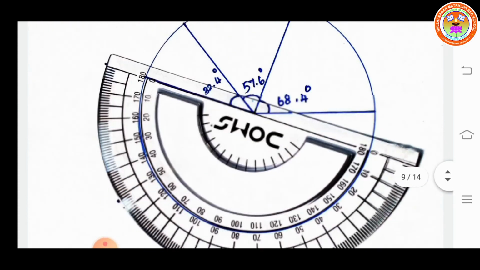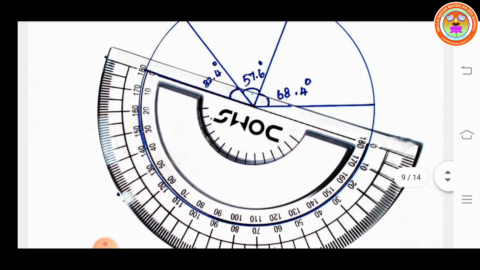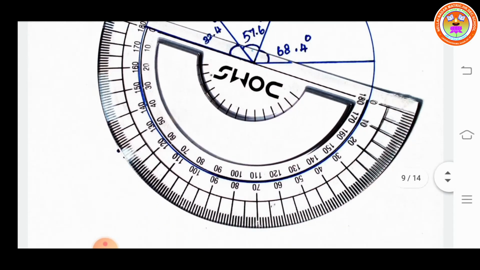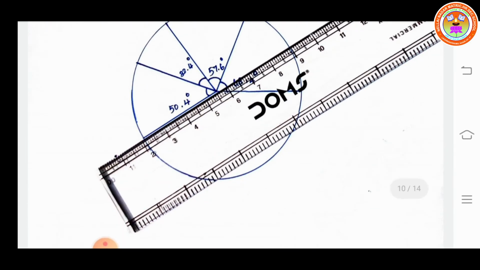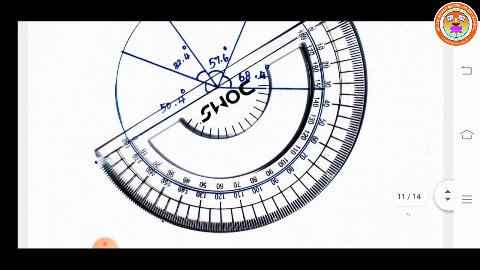Next, place the protractor on the new radius and mark the angle 50.4 degree for excise duty. Then remove the protractor. Join that point to the center of the circle and then mark the angle as 50.4 degree. Next, place the protractor on the new radius and mark the angle 36 degree for service tax.